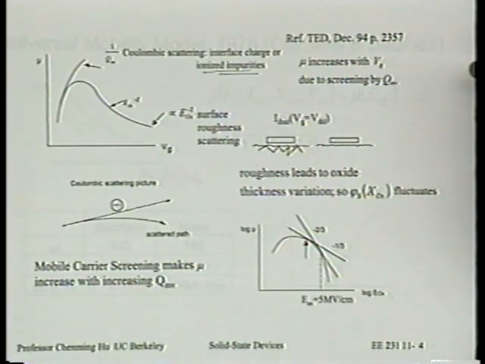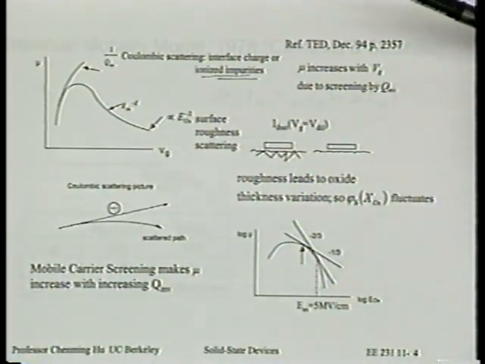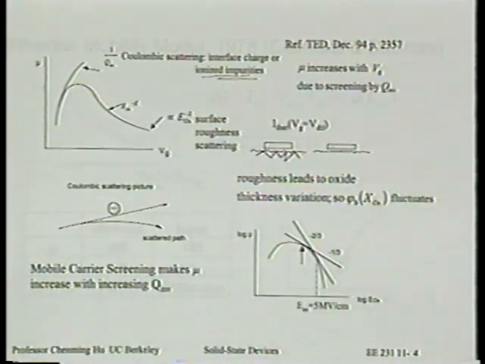Yes? Okay? All right. So therefore, the Coulombic scattering, specifically the benefit of, let's say, the retrograde doping in this respect, goes away when Vg is large. When Vg is close to Vt, or when the inversion charge is small, it's important. When the inversion charge is large, that benefit becomes relatively small.